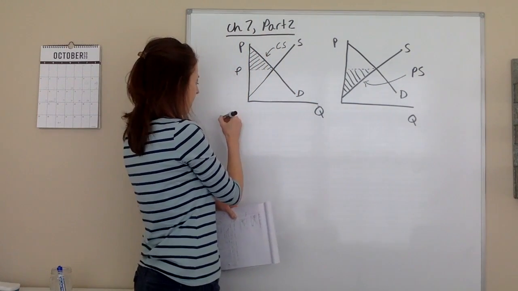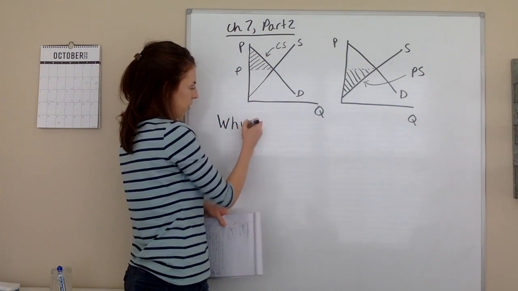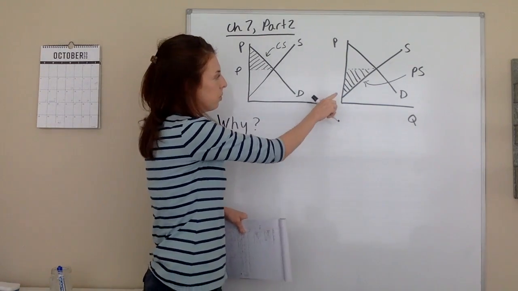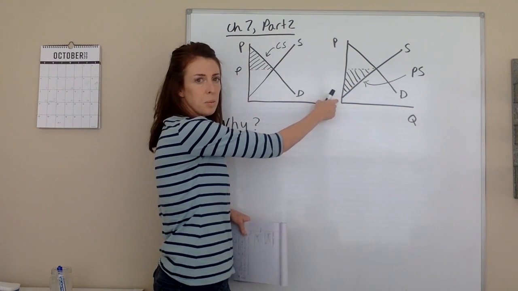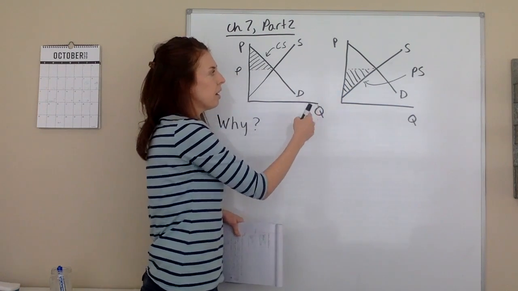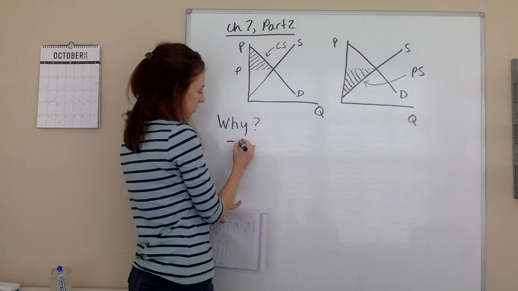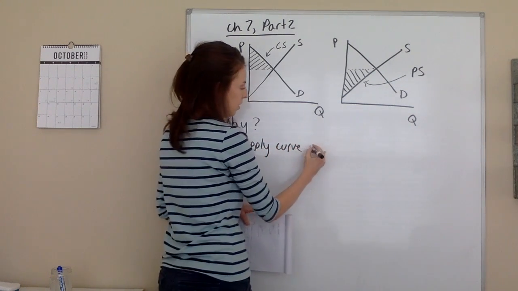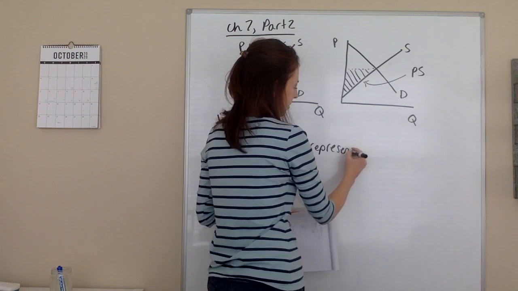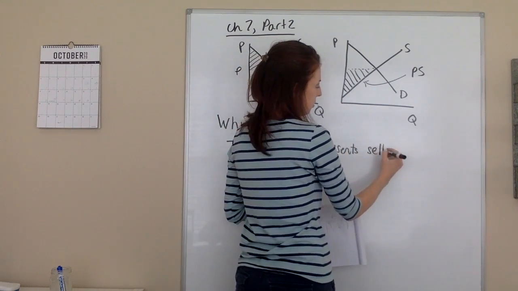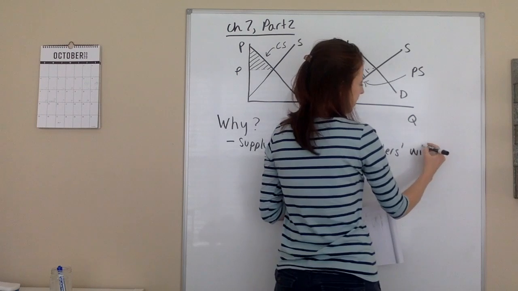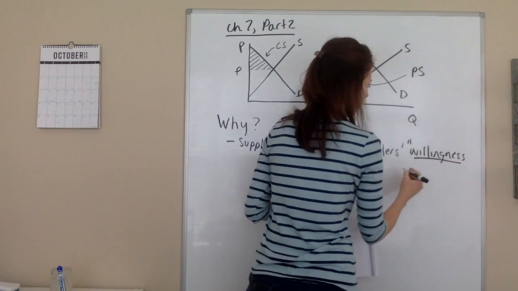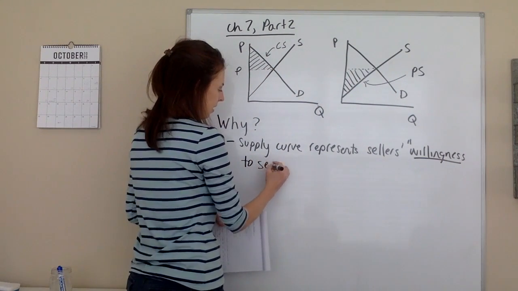So why is that producer surplus? The idea is that the supply curve in a market represents suppliers' or sellers' willingness to sell. So let's write this out. The supply curve represents sellers' or producers' willingness, and this is important, willingness to sell.